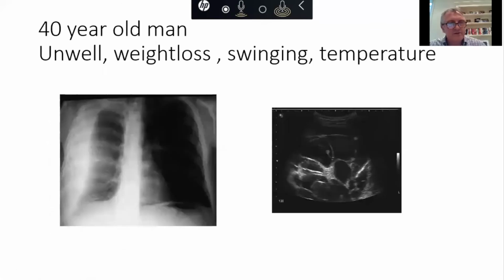Here's a 40-year-old man. He's unwell, with weight loss and a swinging temperature, and he's got this opacification in his right hemithorax. There's a straight line here. You've lost the silhouette sign of the hemidiaphragm on the right. This is almost certainly a pleural collection and possibly an empyema.